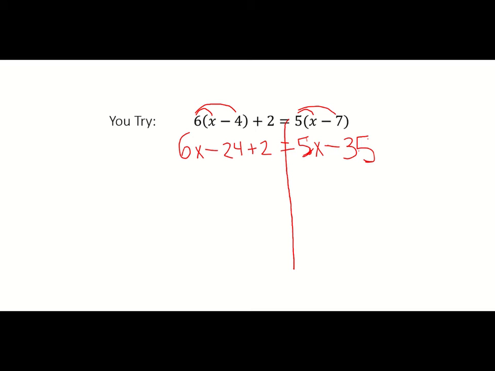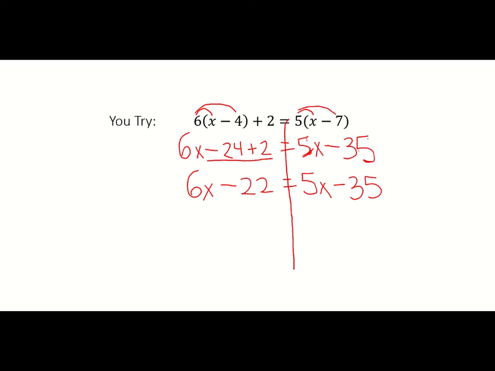So on the left side, 6x minus 24 plus 2. Minus 24 plus 2 would be like terms because neither of those numbers have a variable. So I would drop down 6x. I'm not doing anything with that just yet. And negative 24 plus 2 would be negative 22. On the right-hand side, 5x minus 35. I cannot combine those because one has a variable and one does not. So I'm just going to write it down, 5x minus 35.